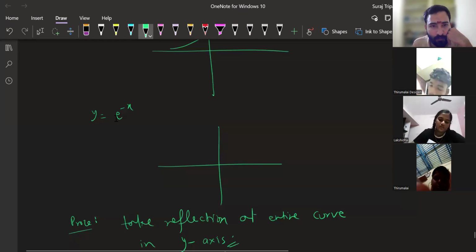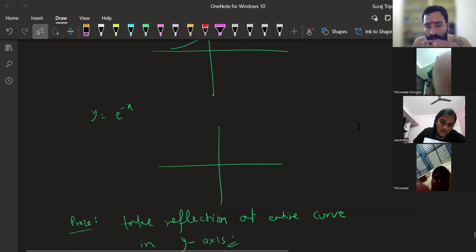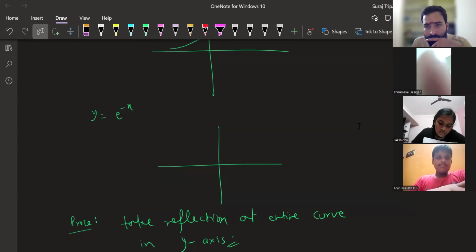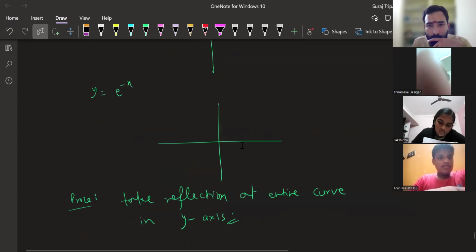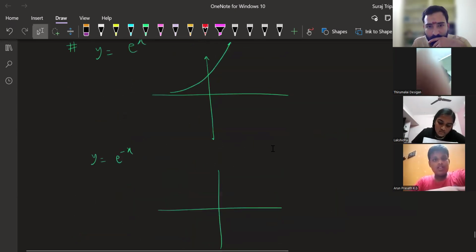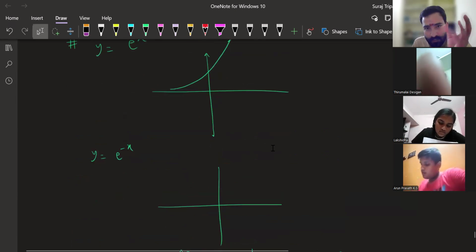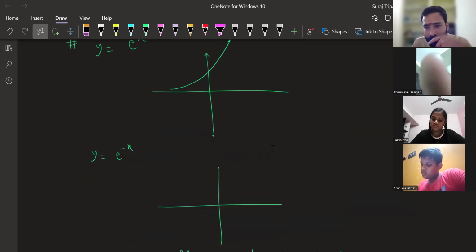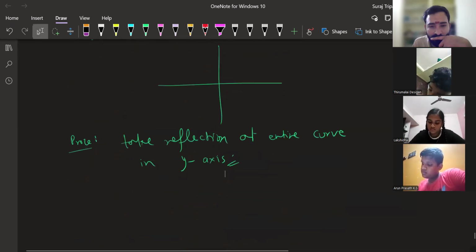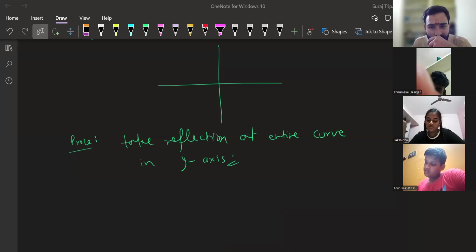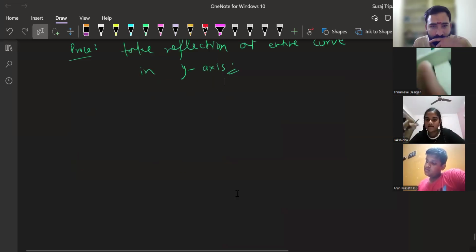So just draw the graph of y equals e raised to minus x and send that graph on the group. Everyone just do it fast. You have to take reflection in the y-axis, reflection of each point along the y-axis. Like this.